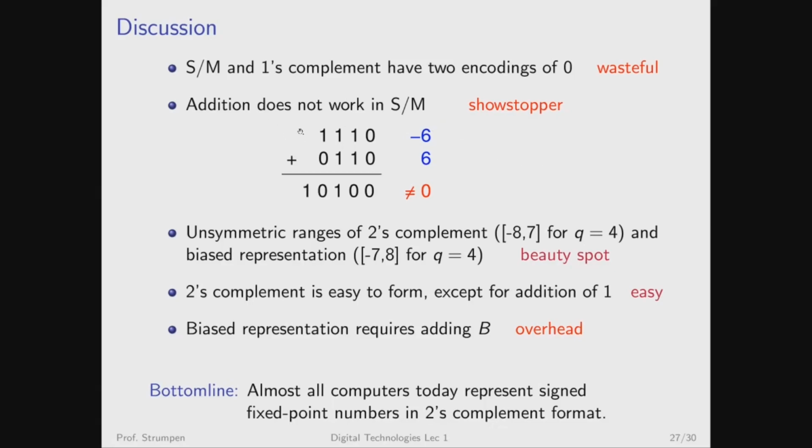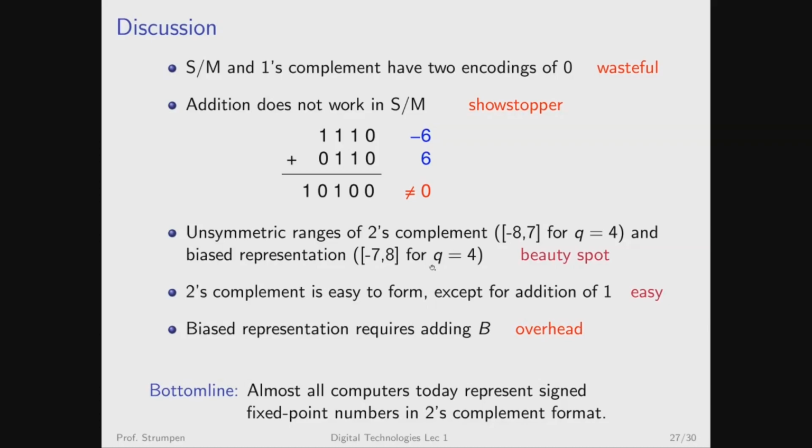Here is an example where things go completely wrong in an addition. If we add -6 and 6 and represent the -6 and the 6 in sign magnitude with our usual paper and pencil addition, we get out a number that is not equal to 0. That's really bad. Okay, so the sign magnitude representation definitely doesn't count as a candidate for digital system implementation.